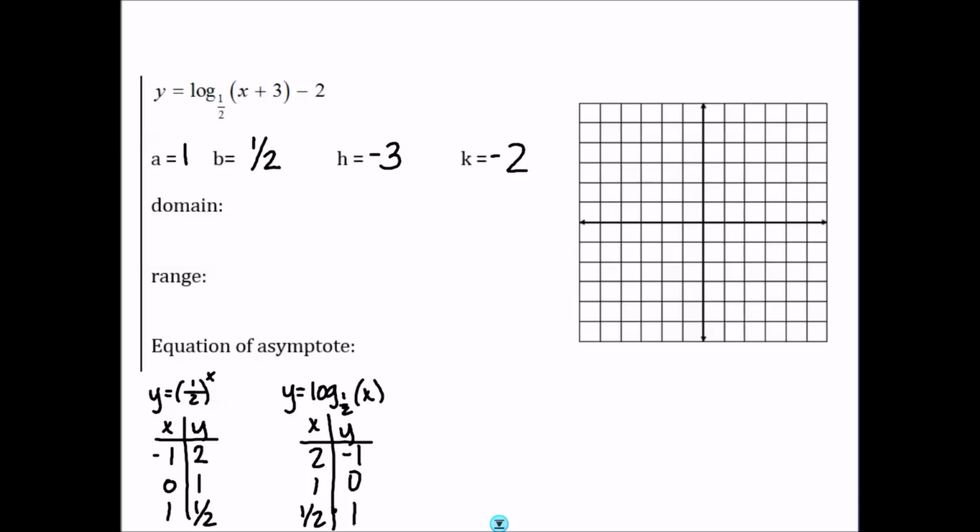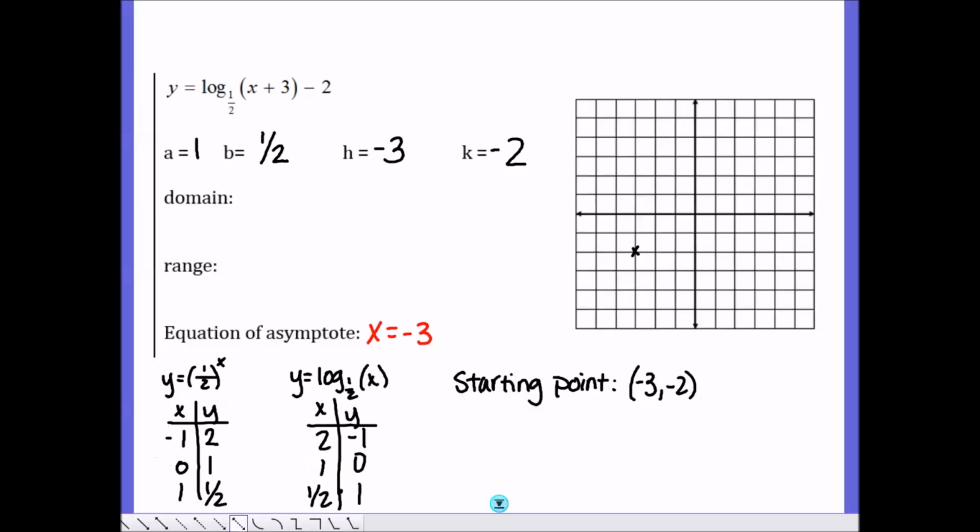Our starting point, remember, is h, k, so for this problem it will be -3, -2. Remember that our asymptote is always x equals h, so we can go ahead and draw our asymptote in here.